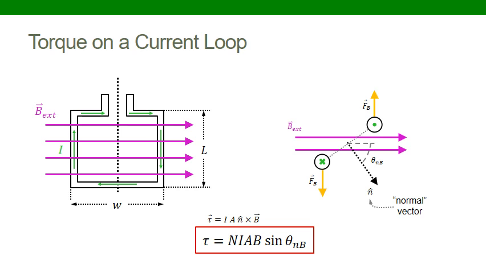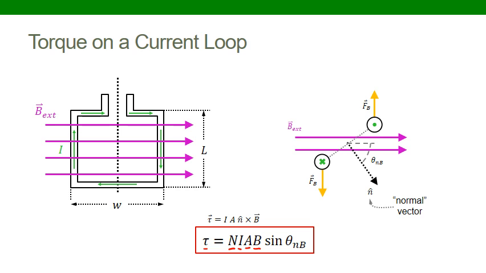So we've been able to find now the torque on a current loop. And I want to remind you that even though we used a rectangular current loop, this result is general, that the torque on my loop depends on the number of windings in my loop, the current going through that coil, the area surrounded by those windings, and the magnitude of my magnetic field.